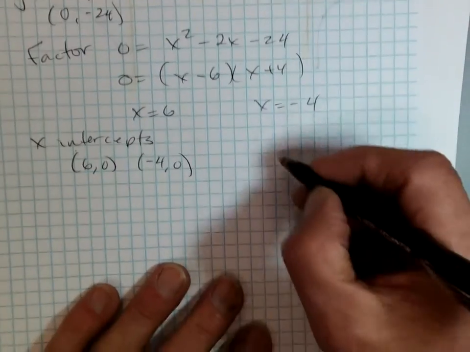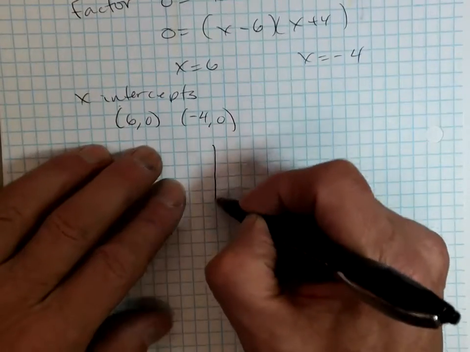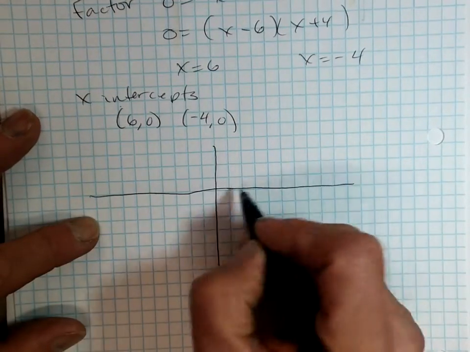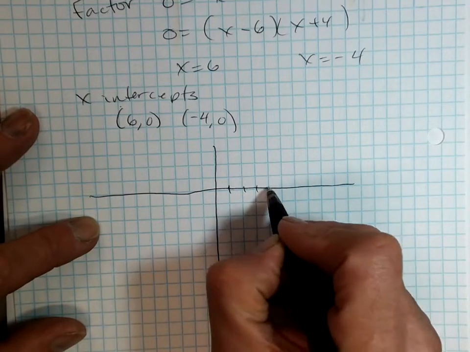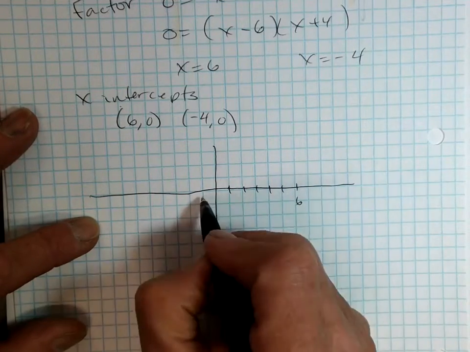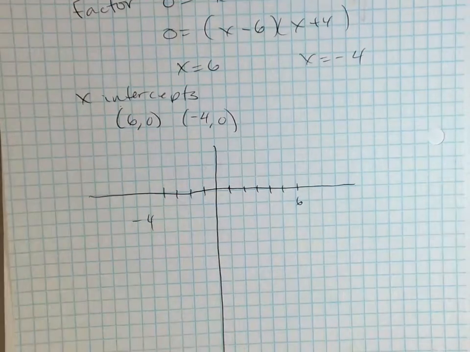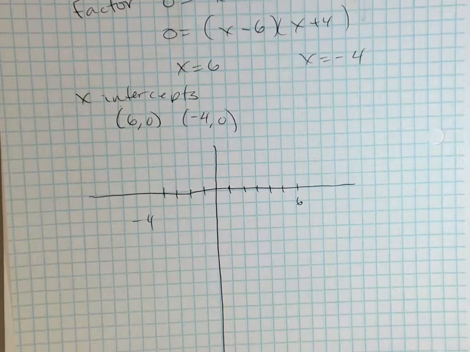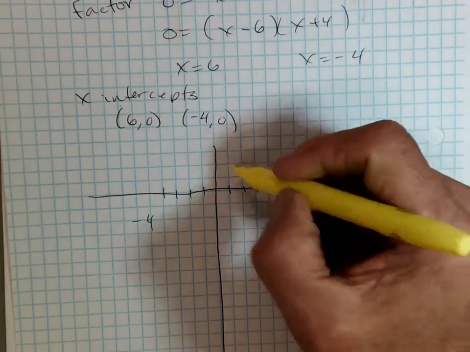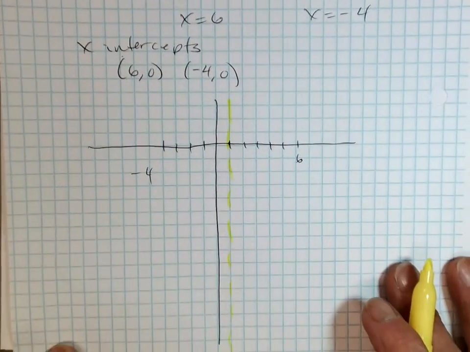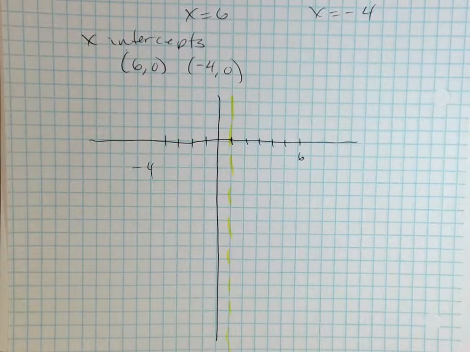So if I do a little mini graph real quick, looking at what I have so far: 1, 2, 3, 4, 5, 6, and 1, 2, 3, 4. I know there is a line of symmetry right there, because the line of symmetry goes through the middle of the parabola.